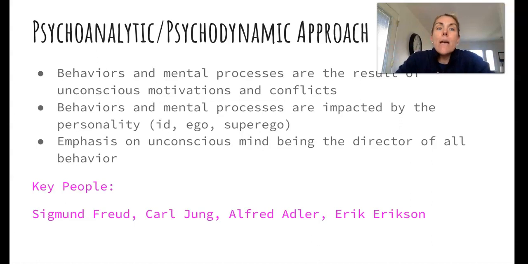Okay. And in this theory, it was really the emphasis on the unconscious mind being the director of all behavior. So like there was this suppressed memory, and that's what's causing all these behavior issues. Key people with this are Sigmund Freud, Carl Jung, Alfred Adler, and Erik Erikson. Okay, so again, thumb, unconscious, buzzword: unconscious.